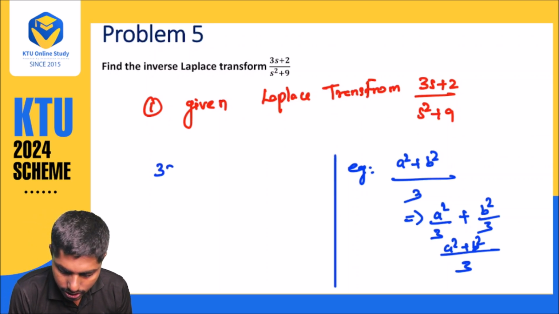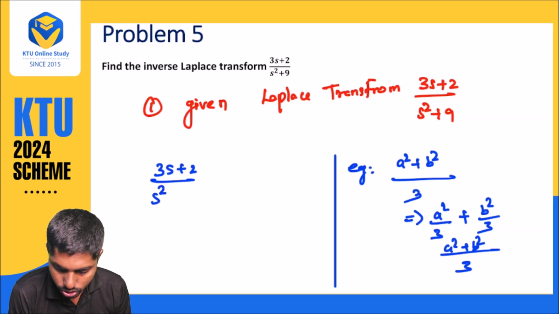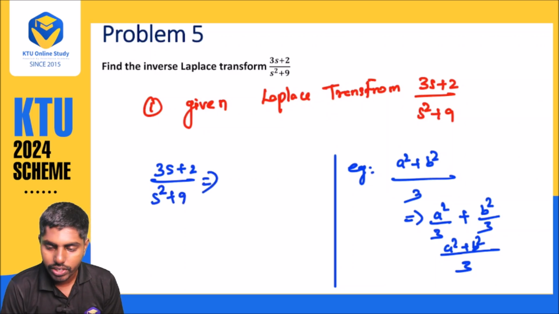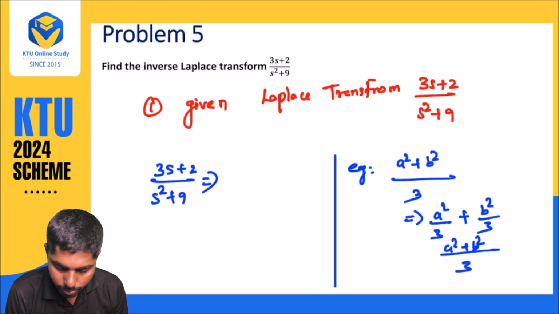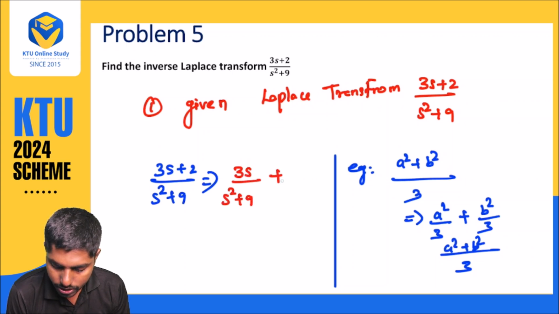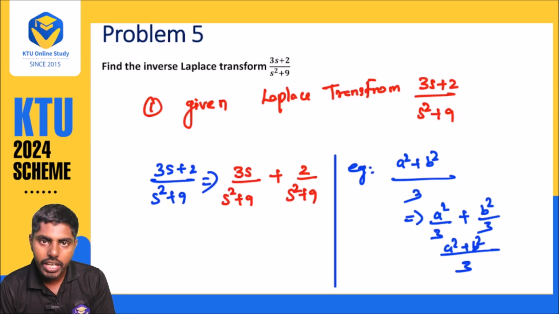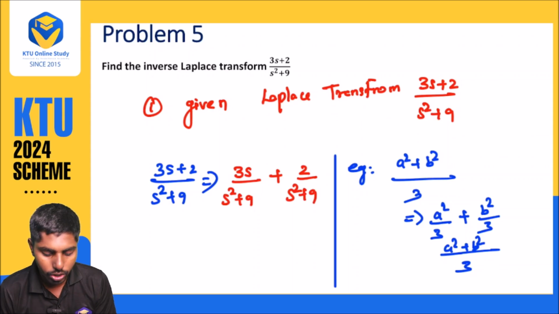That is (3x plus 2) over (x square plus 9). This one we can split like this: 3x divided by (x square plus 9) plus 2 divided by (x square plus 9). We are just making it very simple to find the answer. Okay, very simple method we are going to solve.